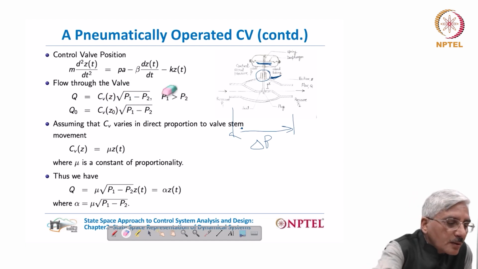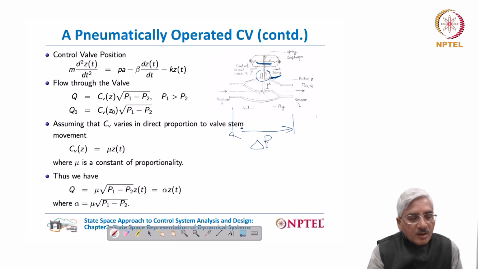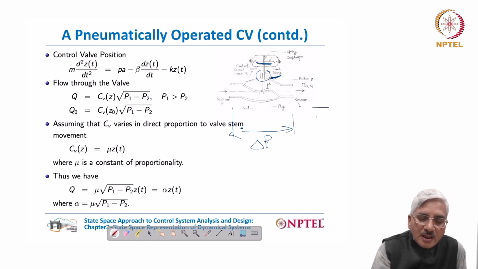So the flow through the valve is the proportionality constant, which is of course dependent on the valve position, into the square root of differential pressure across the valve. This is the information available from the valve handbooks or from the process control literature.